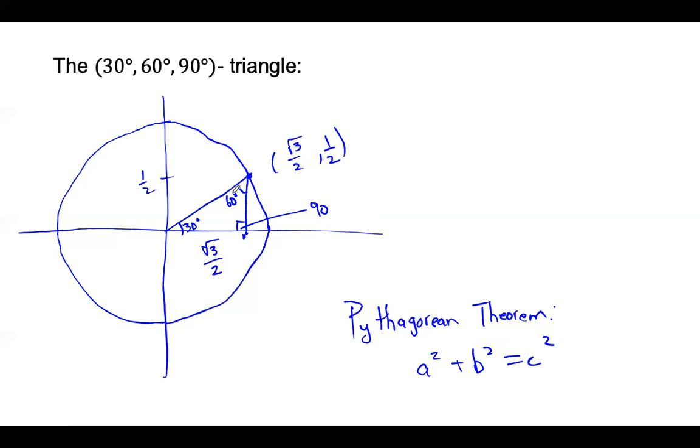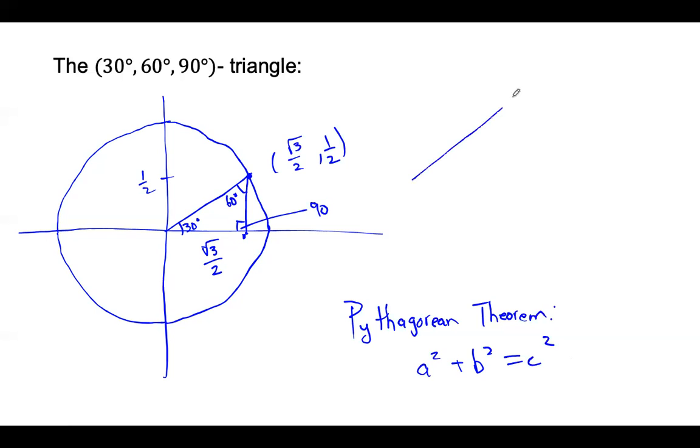So this is 1, our c is 1, so 1 squared, 1 minus 1 over 4 is 3 over 4. And then take the square root of 3 over 4. So the square root of 3 divided by the square root of 4. So the 4 becomes a 2.